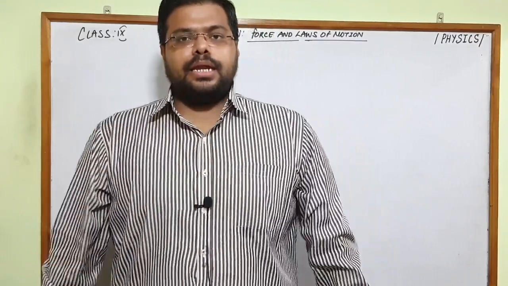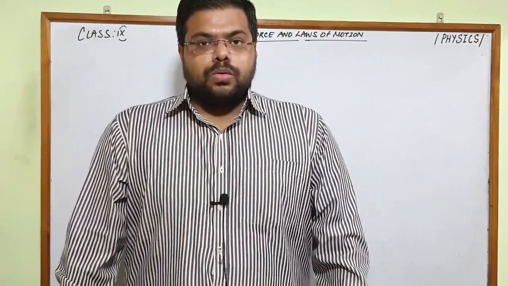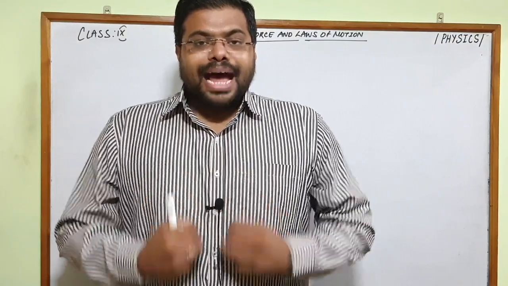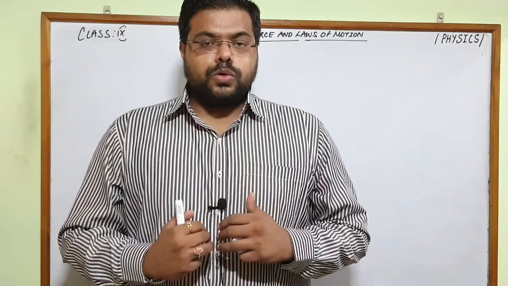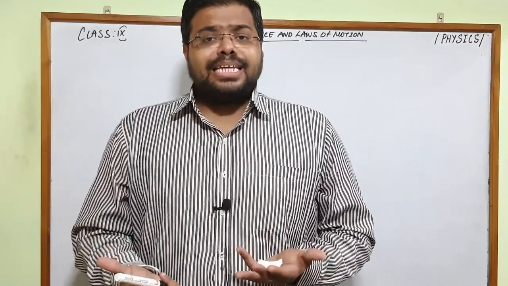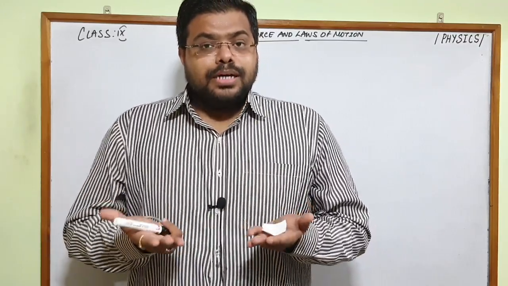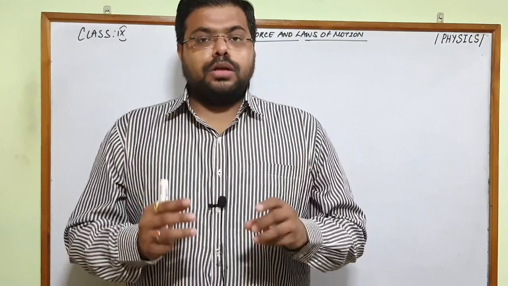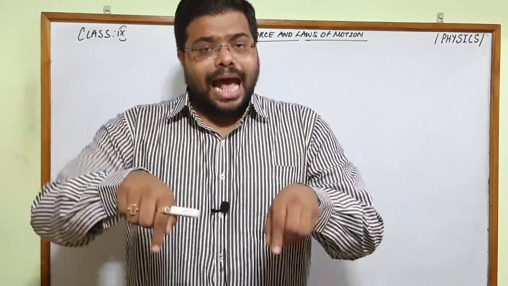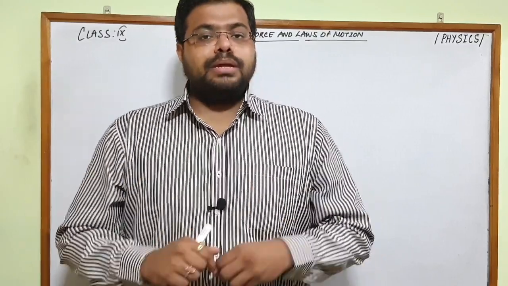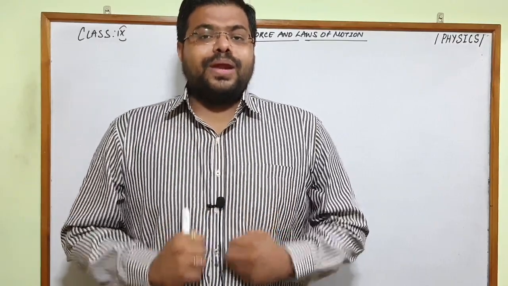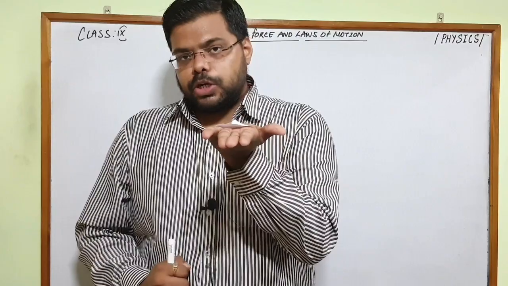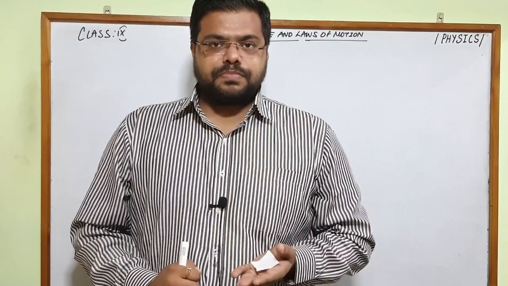Right now I am standing here. In my case also my forces are balanced. The force due to my body is balanced by the earth. I apply the same force on the earth, and the earth applies the same force on me. That is the reason for the balanced condition, and I am at rest. The same thing happened with this piece of paper.